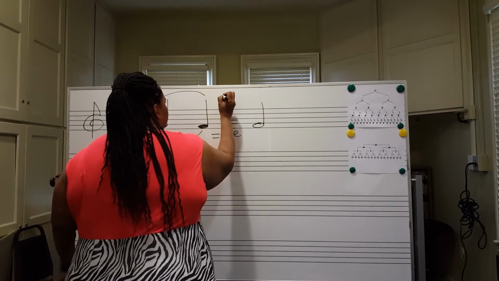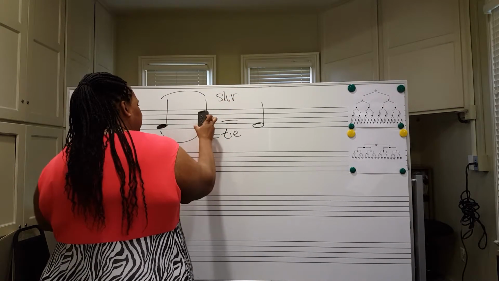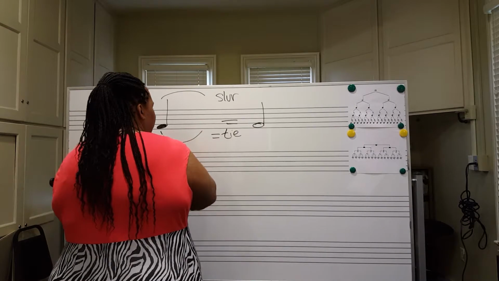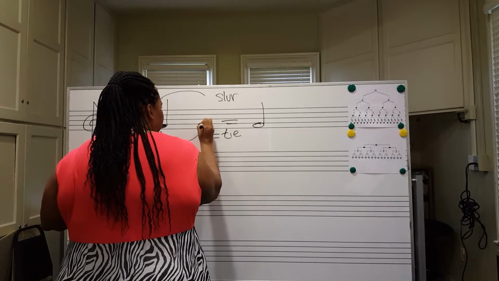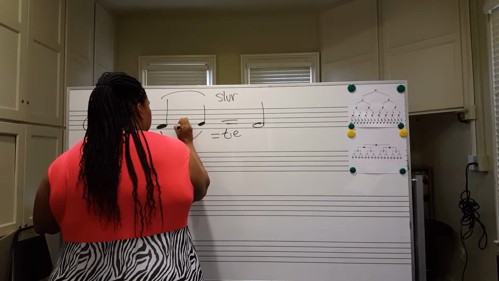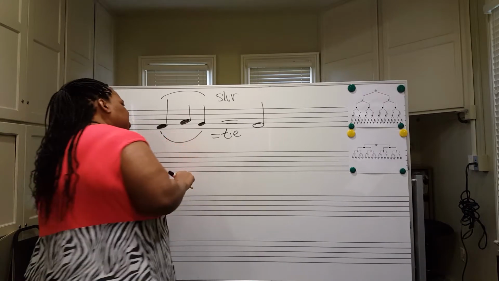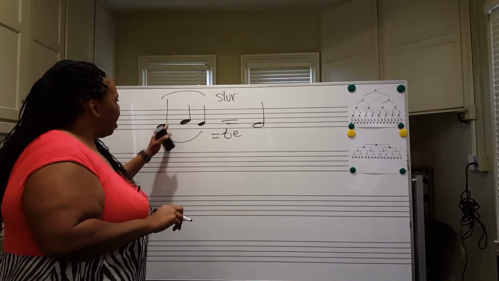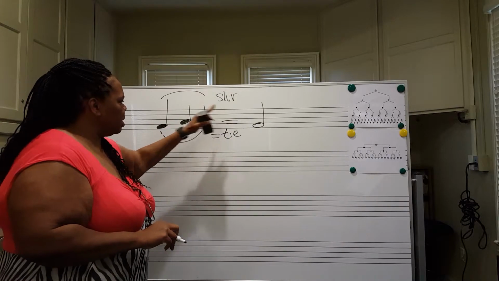Sometimes you see something up here, and that's a slur. I'm going to change this example a bit. And what a slur does, it just basically blends notes together. Let's make this. So this is going to be la. And that's what a slur does.